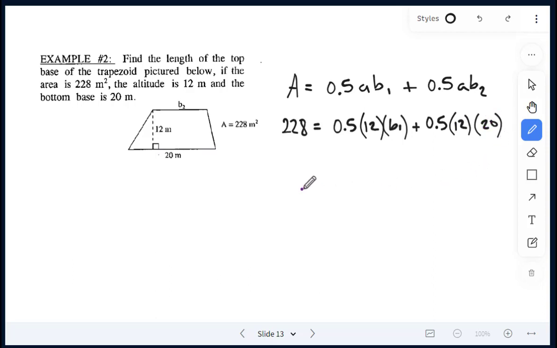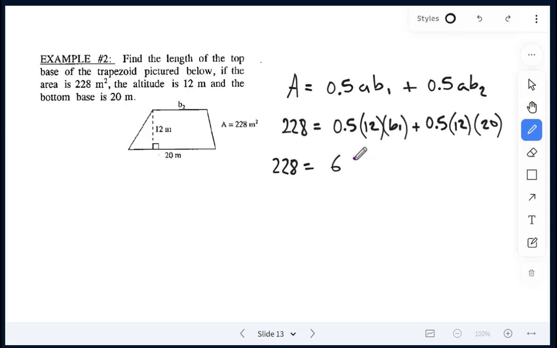All right, so we're just going to simplify this further. 0.5 times 12. I mixed up base 2 and base 1.